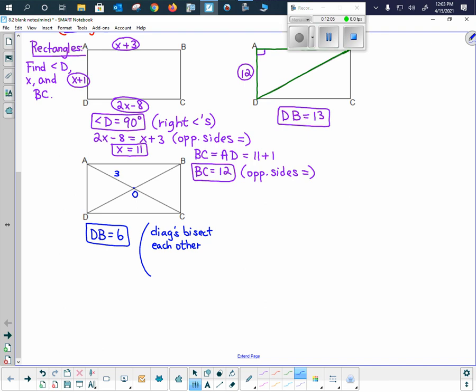I know AC equals 6, and that DB would also equal 6 because you've got this other property. So we'll say diagonals bisect each other and the diagonals are equal in length. That's what sets that apart. Makes that into a rectangle instead of just a parallelogram. Okay? So keep doing a good job of getting those characteristics and properties memorized so you know which one goes with which shape.